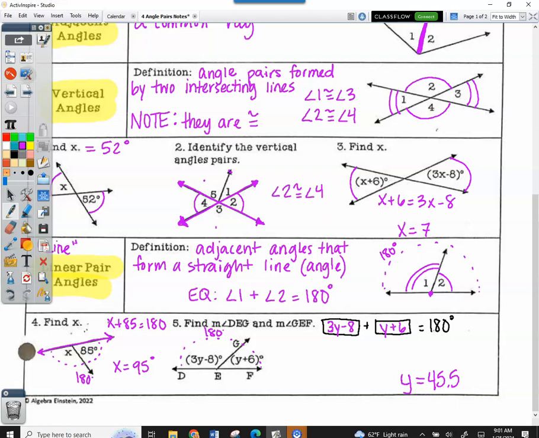Yeah, you got to go plug it in. We're going to come over here where it says y plus 6, we would plug it in. Where it says 3y minus 8, we would plug it in. You get your two angles.